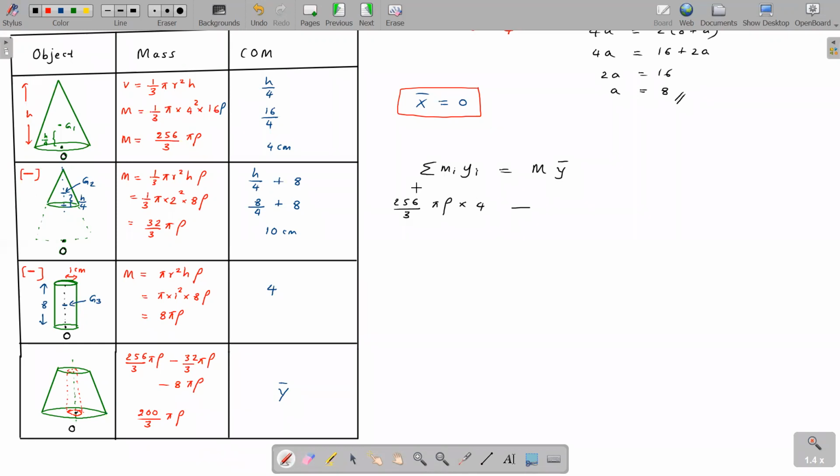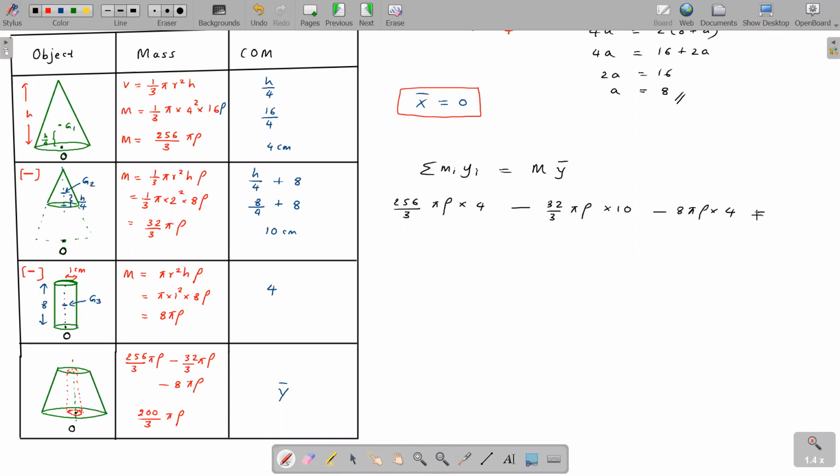Even though it's a summation, we are removing an object, so it should be a negative sign. So minus mass is 32 over 3 pi rho, multiplied by 10, that's the center of mass. Next one, the cylinder. Again, that is something that we are removing. So minus mass is 8 pi rho times center of mass 4. So you take the product of the mass and the center of mass.